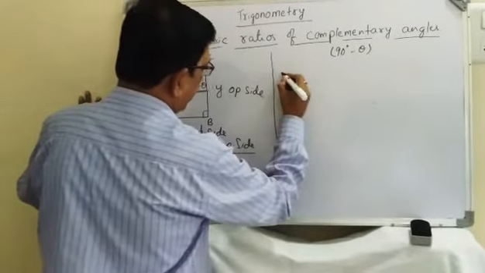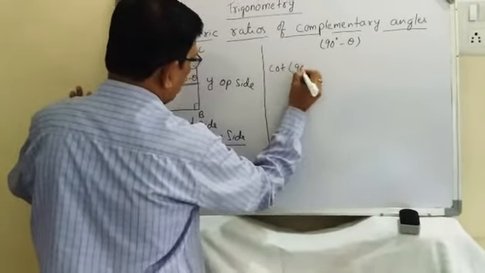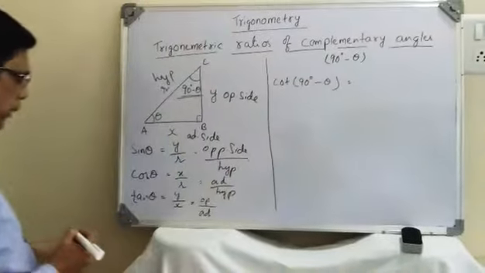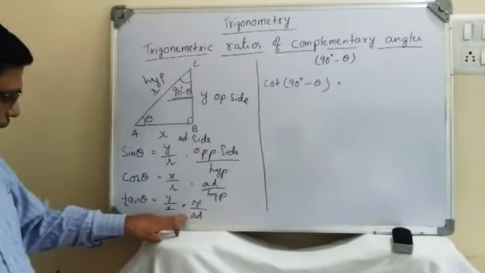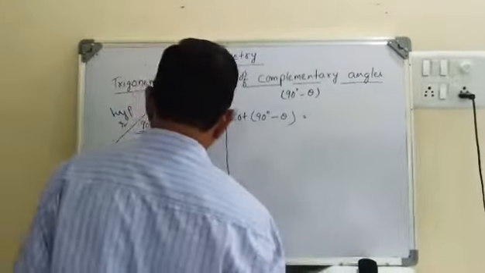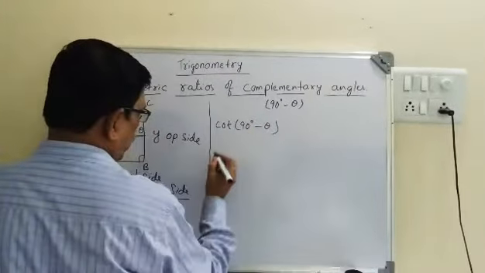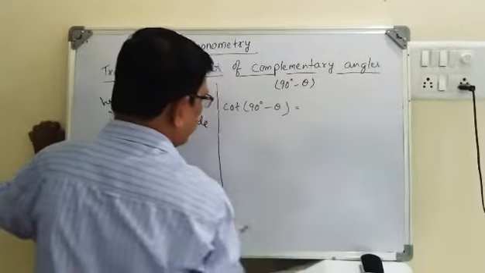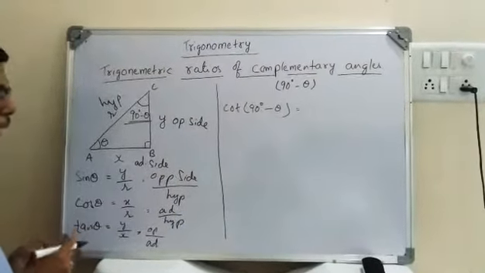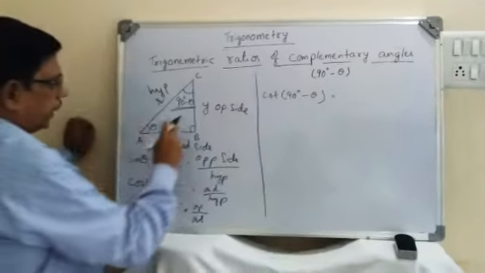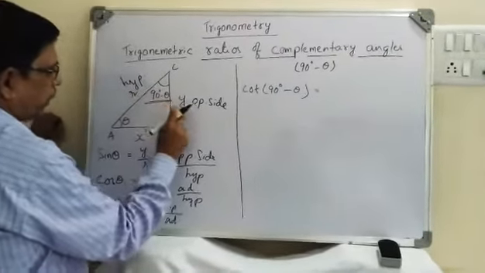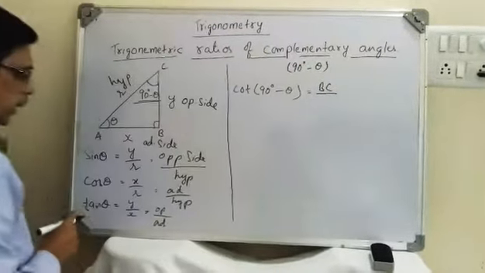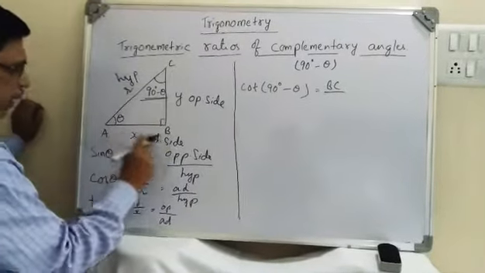Now we take cot 90 minus theta. Cot is the reciprocal of tan, that is adjacent side by opposite side. The adjacent side of 90 minus theta is BC, and the opposite side of 90 minus theta is AB.